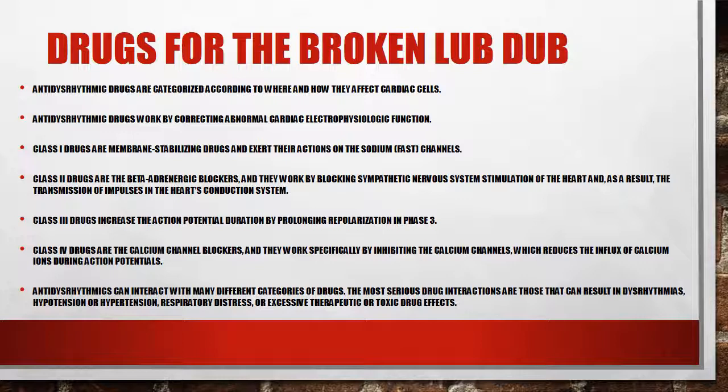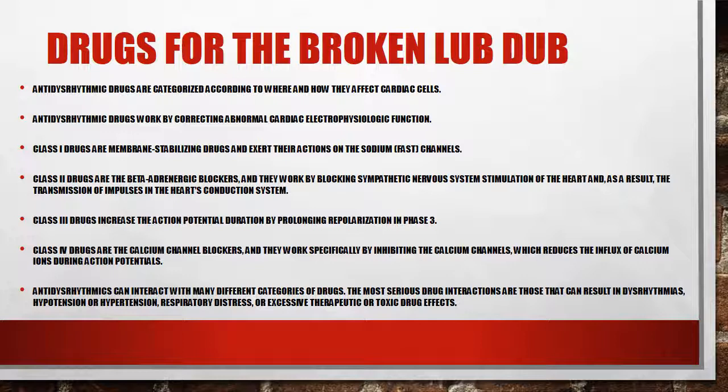Class 2 are beta-adrenergic blockers, and they work by blocking sympathetic nervous system stimulation of the heart. Class 3 increase action potential by prolonging repolarization in phase 3. Class 4 are calcium channel blockers, and they work specifically by inhibiting calcium channels.